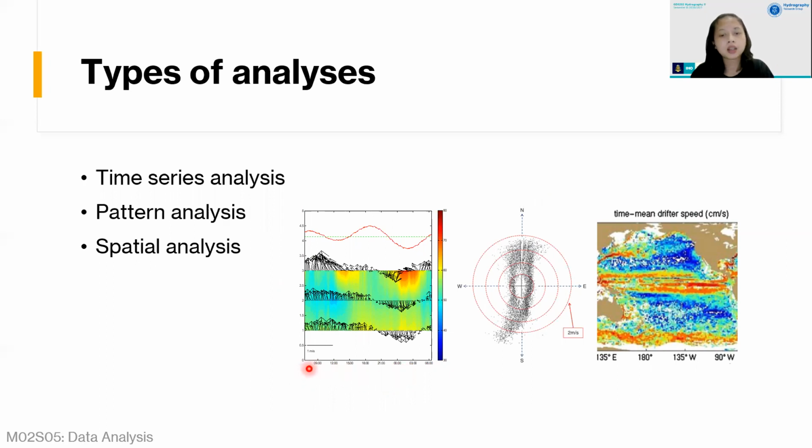So the x-axis in the time series analysis is always time, however long or short it is. And then there's also a pattern analysis. Both time series and pattern analysis happen in only one station, so mostly they are used in Eulerian type of measurement.